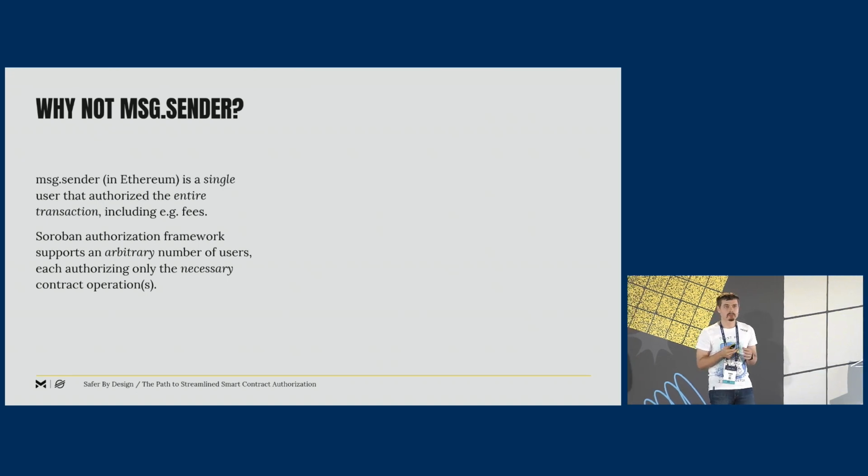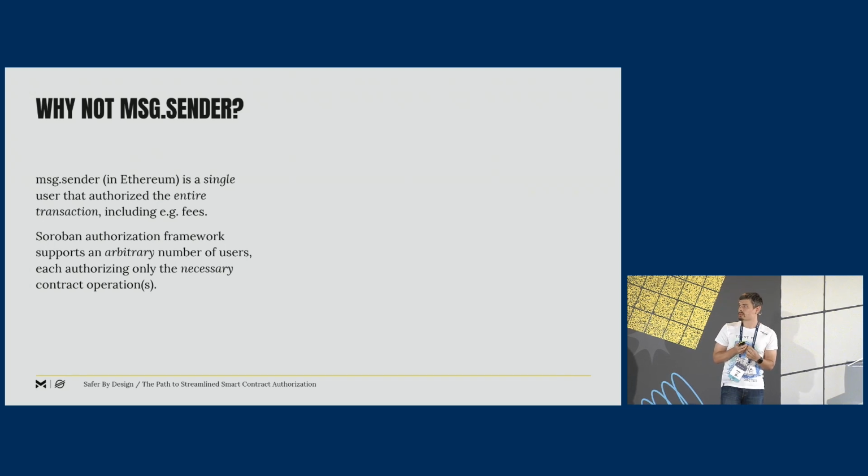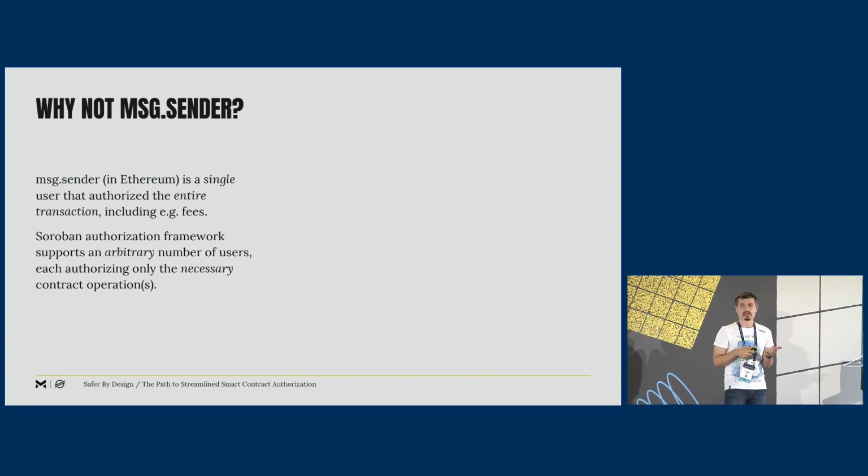At this point, some people who are familiar with Ethereum, for example, might ask, wait, but we have msg.sender, which is basically a single user that authorizes the entire transaction, and you then can access this user in your contract, and you basically fulfill all these policies, which I said we kind of deduplicate in Soroban. However, the important difference is that Soroban authorization framework supports an arbitrary amount of users, not just one.